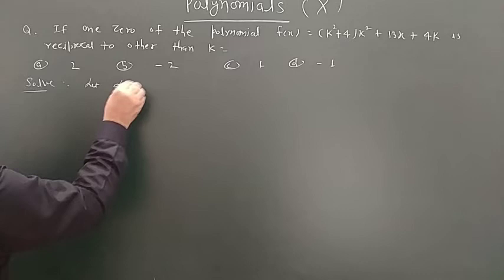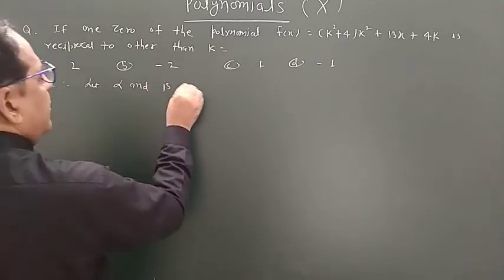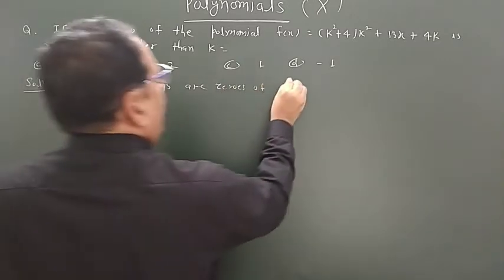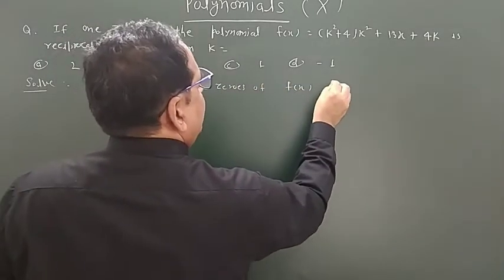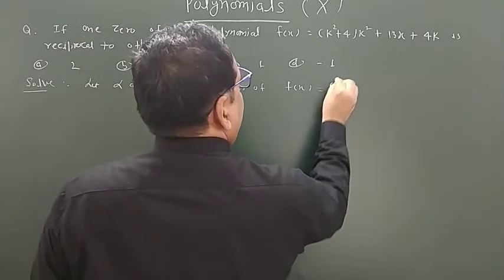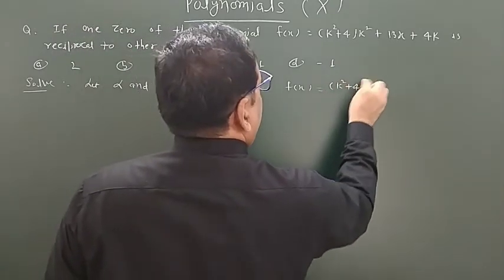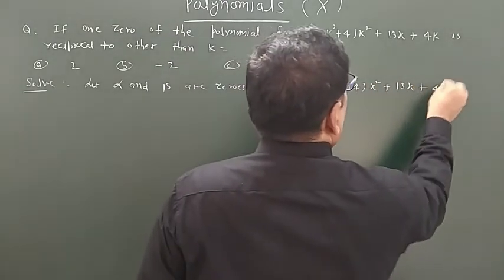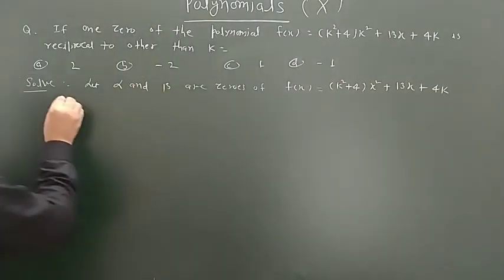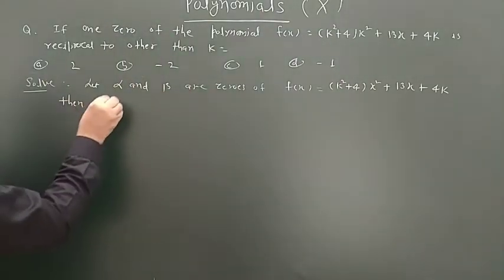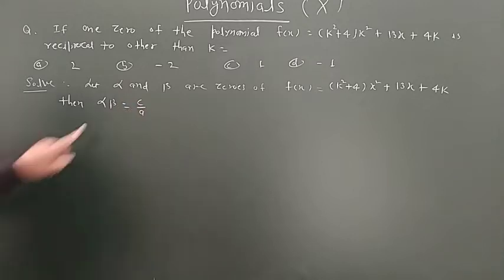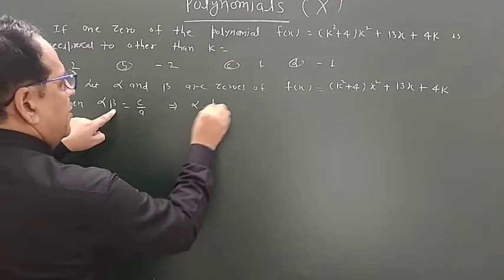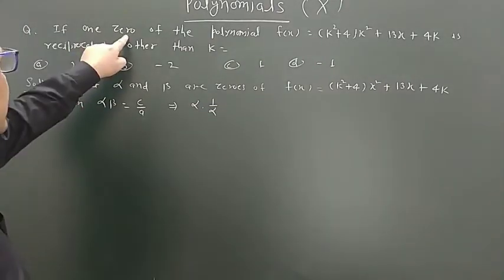Let alpha and beta be the zeros of f(x) equal to (k square plus 4) x square plus 13x plus 4k. Then alpha beta equals c upon a. We use this relation. According to this, beta can be replaced by 1 upon alpha, because one zero is reciprocal to the other.